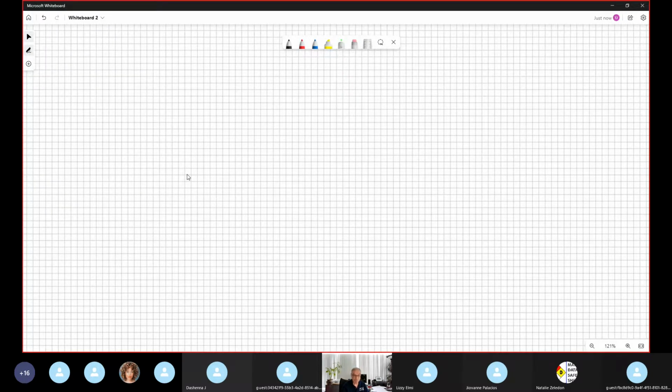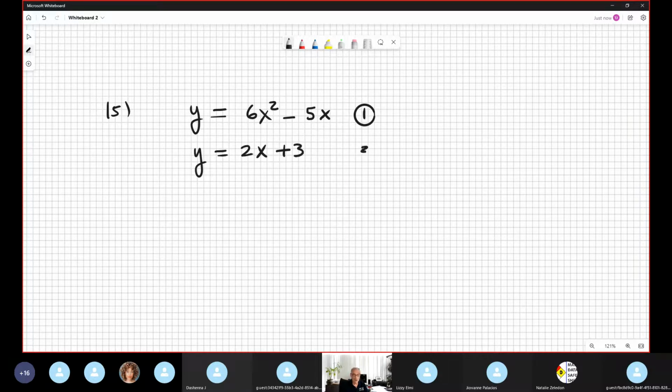Okay, 15 now. You see the whiteboard? Sophia, look at that. 15 is y equals 6x squared minus 5x. And this is my first equation. By the way, it is nonlinear. And the second equation is y equals 2x plus 3, which is a linear equation, it's a line.